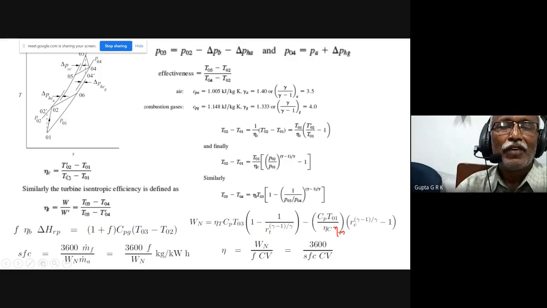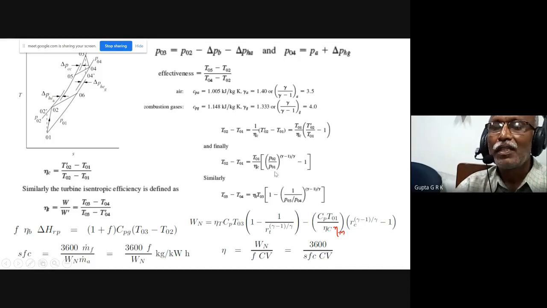Because I am interested in the actual one, T02 minus T01 is equal to T02 dash minus T01 by compressor efficiency. If I take T01 common, it is T01 by eta C into T02 dash by T01 minus 1. And this is the isentropic pressure temperature ratio. We know that T02 dash by T01 is P02 by P01 to the power of gamma minus 1 by gamma. So this is the way I get it.